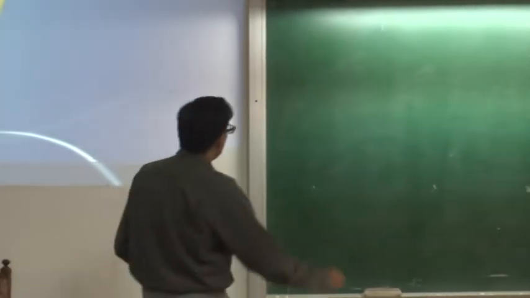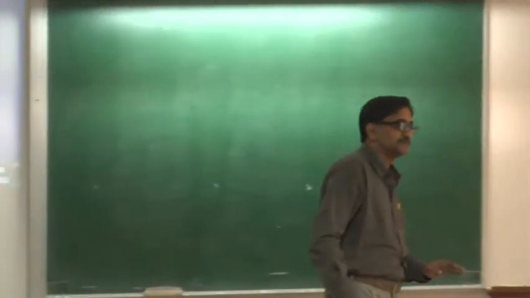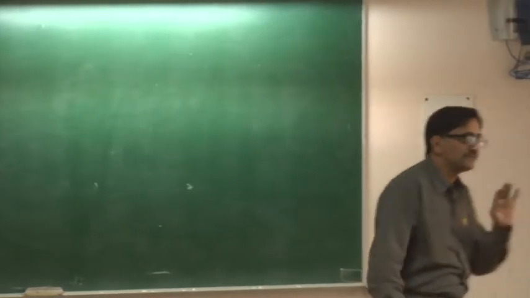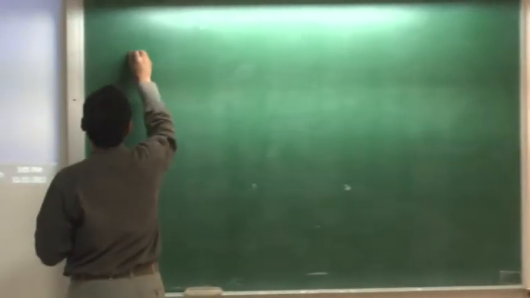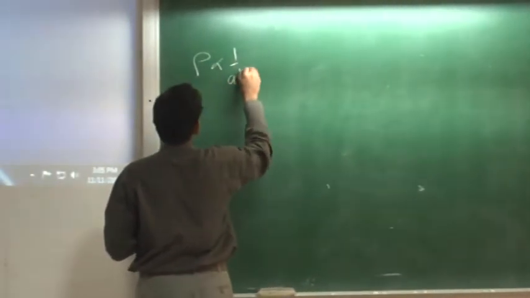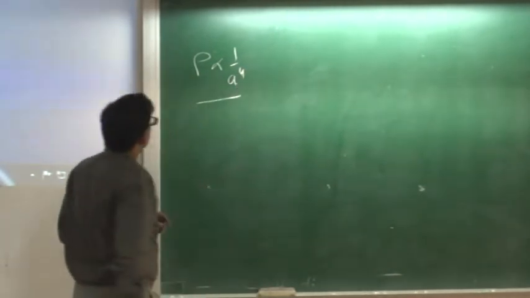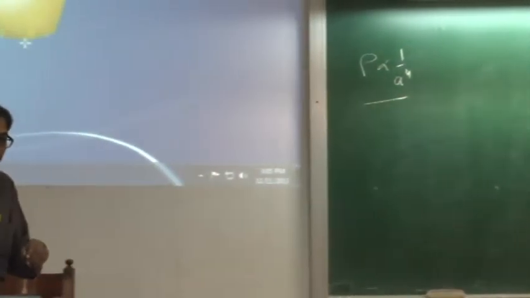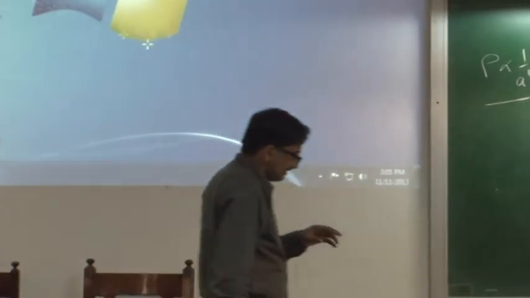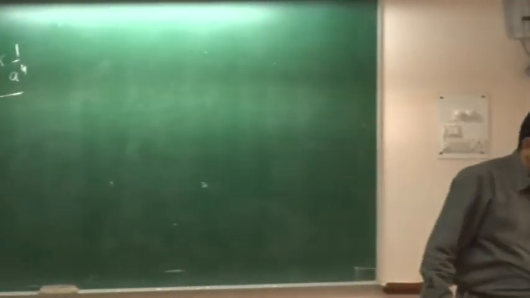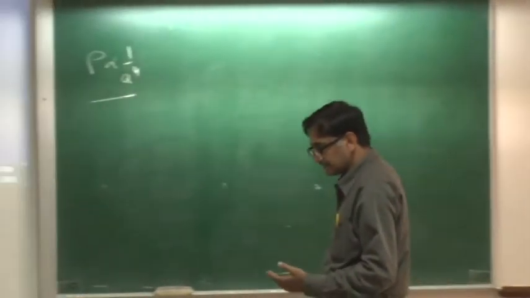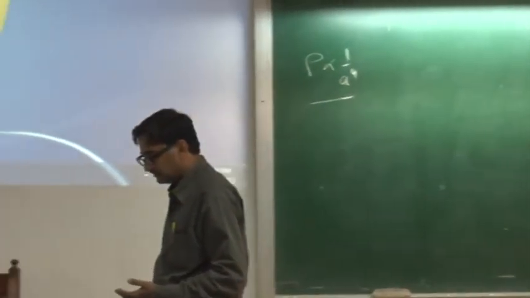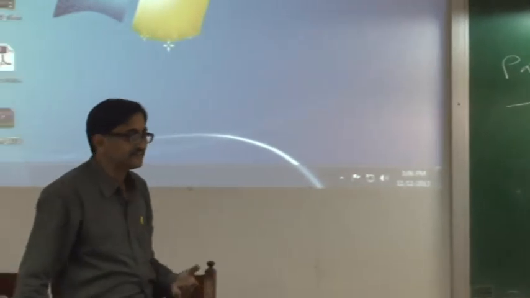Fine. So now, since we are going to focus on CMBR, we will look at the case of rho going as 1 by a to the 4 in further detail. There are, shortly I will come to it, there are reasons why the photons are coupled very significantly to the matter in the universe.